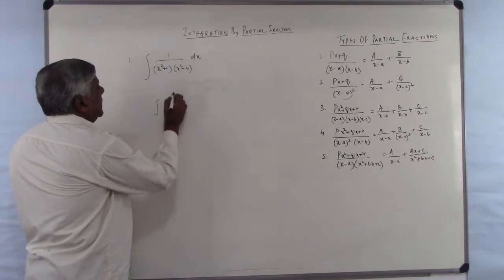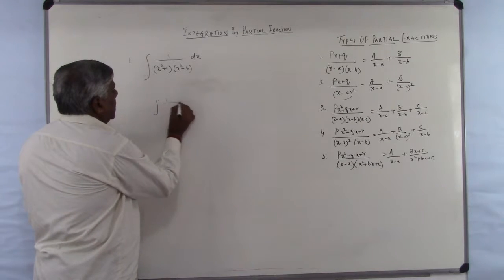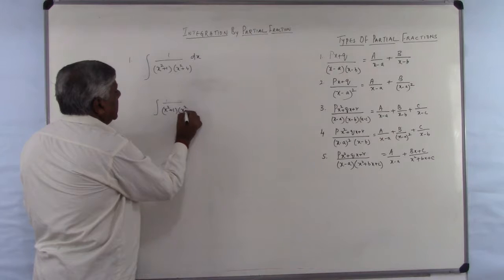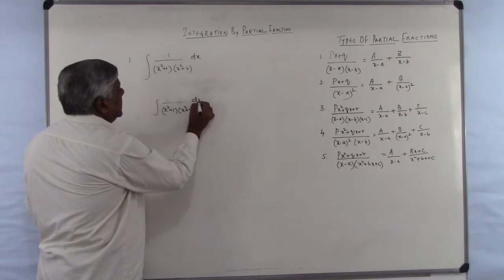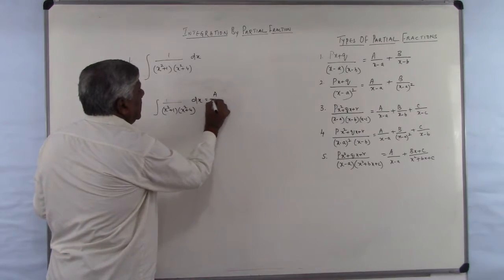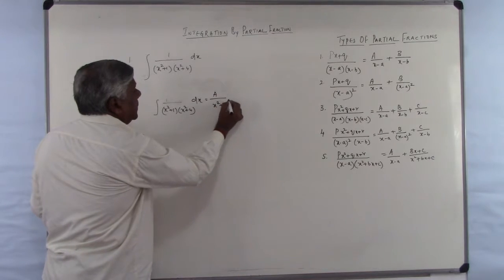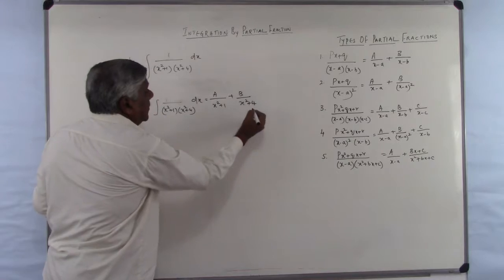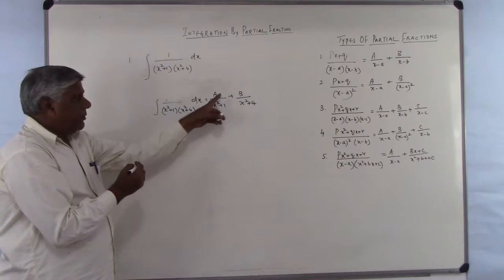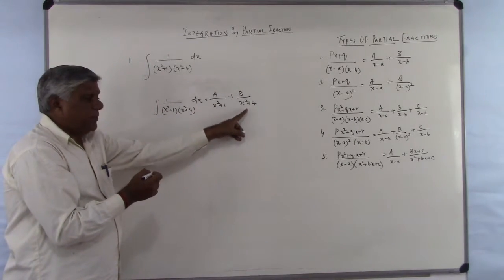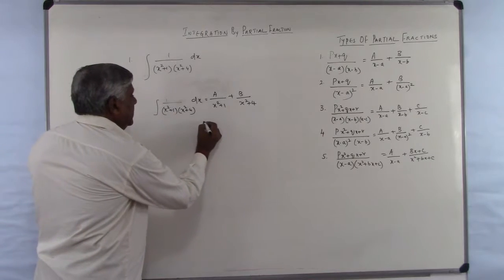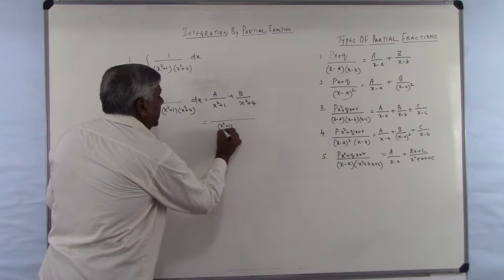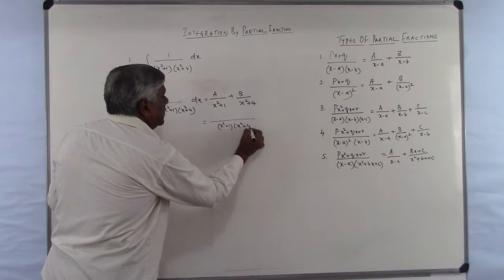Now this we take it as 1 over (x square plus 1)(x square plus 4) dx can be written as a over x square plus 1 plus b over x square plus 4. We are going to take (x square plus 1)(x square plus 4) as the LCM.